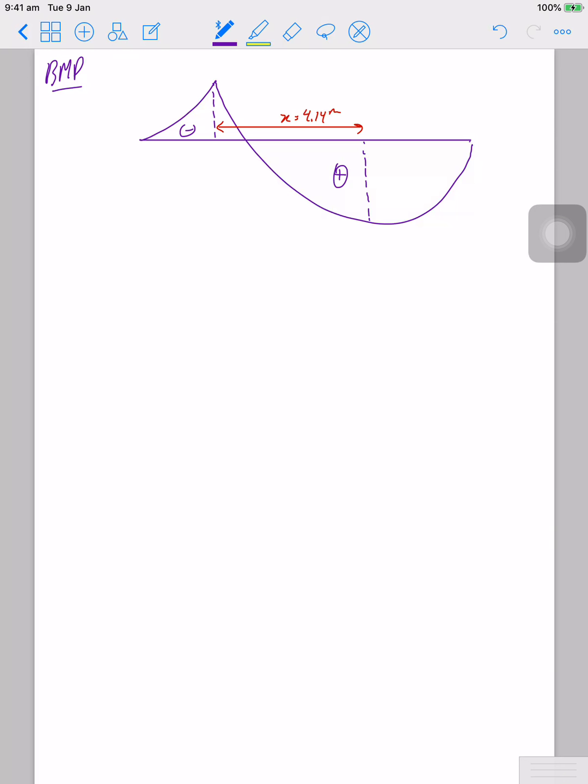So the maximum bending moment at B is 135 kilonewton meters, and then at a point 4.14 meters away from point B, the maximum bending moment is actually 122.508 kilonewton meters.